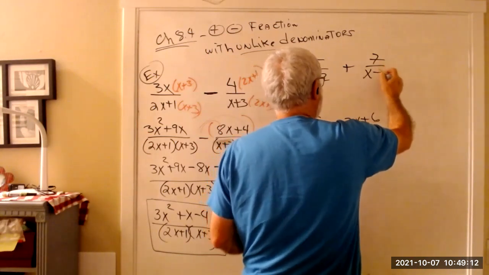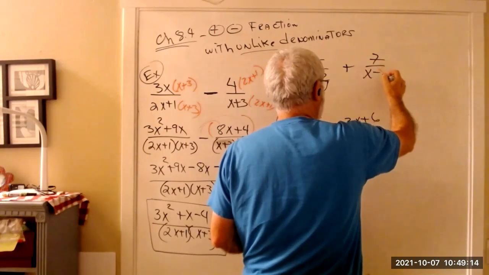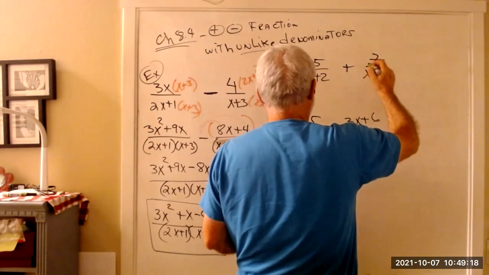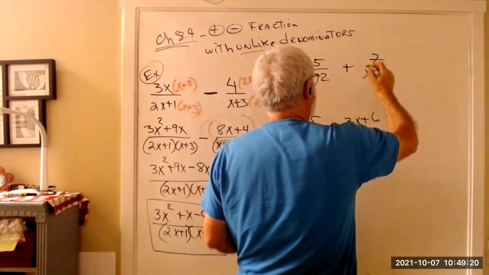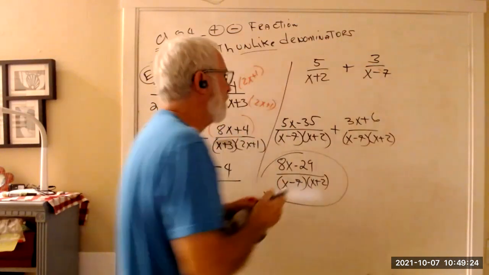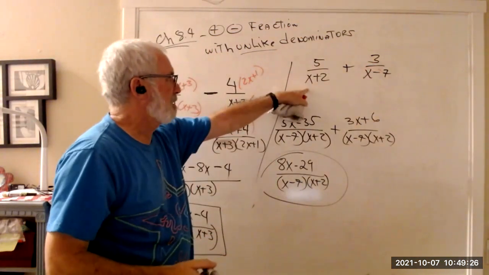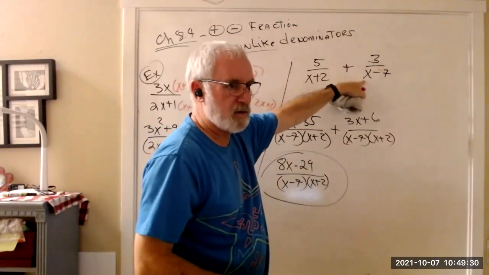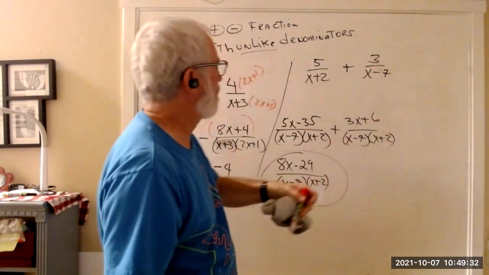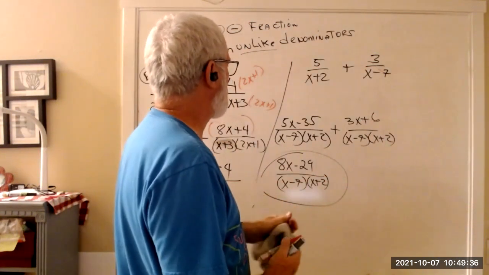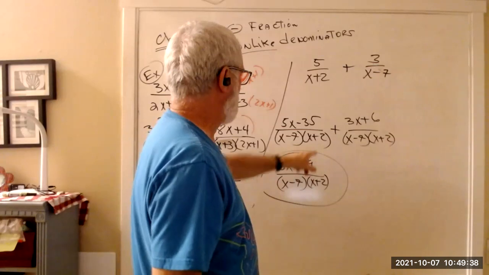Really? Oh, sorry, it was 3 over x minus 7. Okay, 5 over x plus 2, 3 over x minus 7? It was 5 over x minus 2. Oh, it was? Oh no, I'm sorry. That's right.